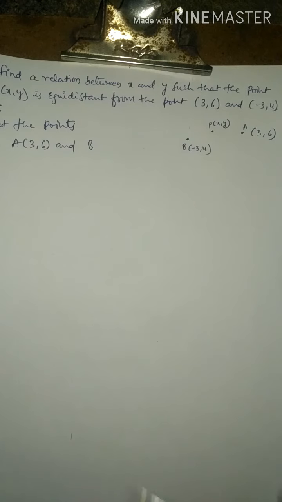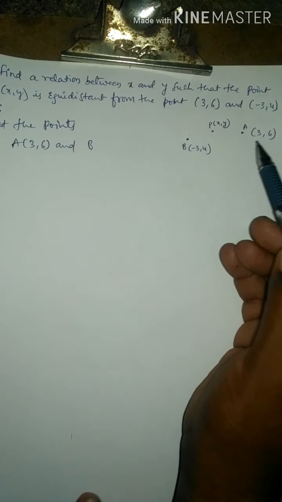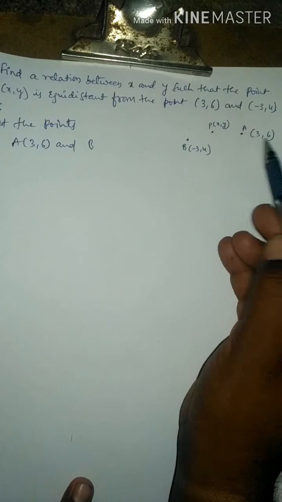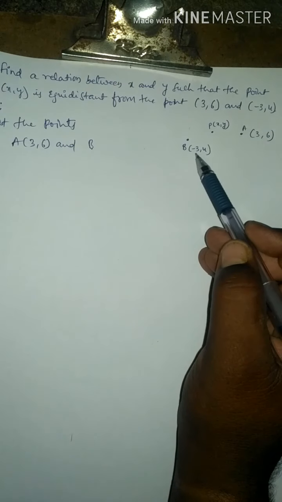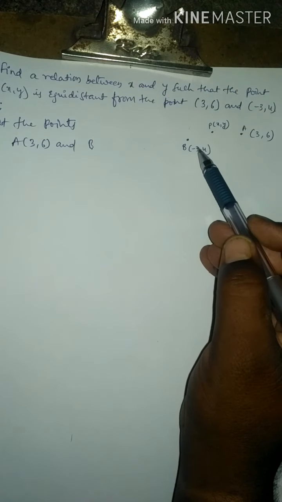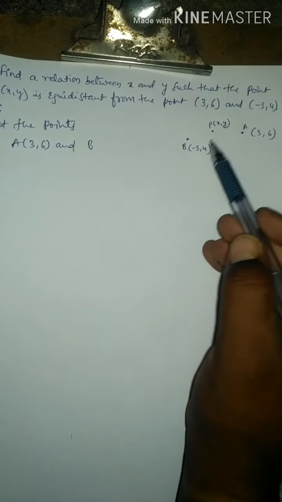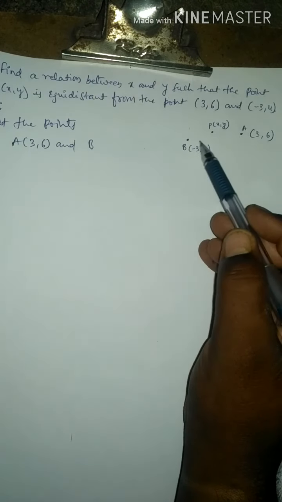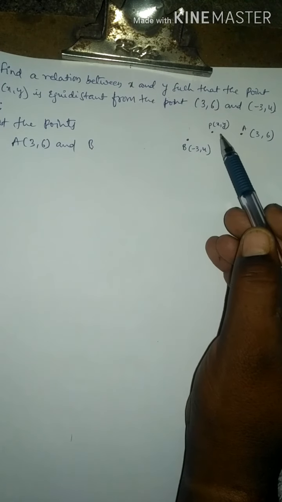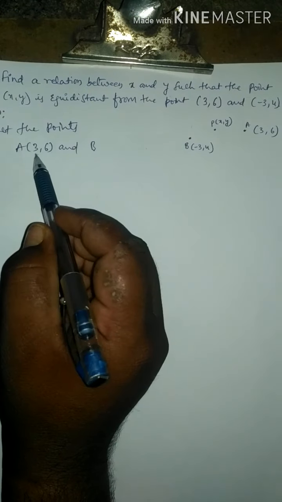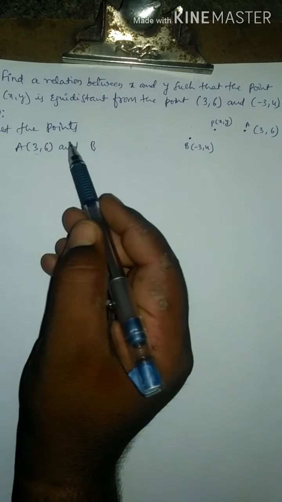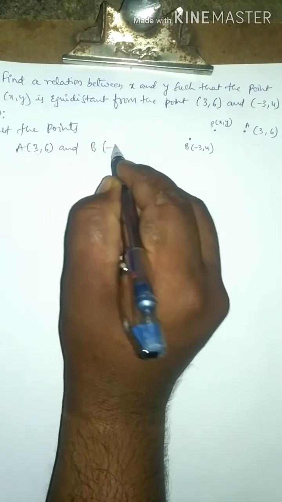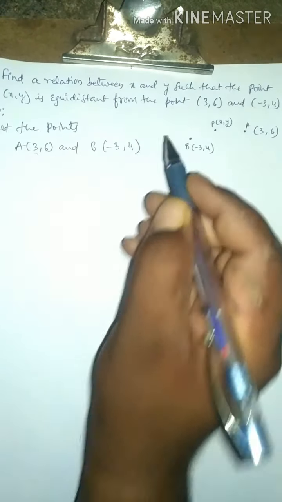Here I am going to name point A as 3, 6 and point B as minus 3, 4. For these two coordinates there is the third point P of x, y, which is equidistant from B and A both.